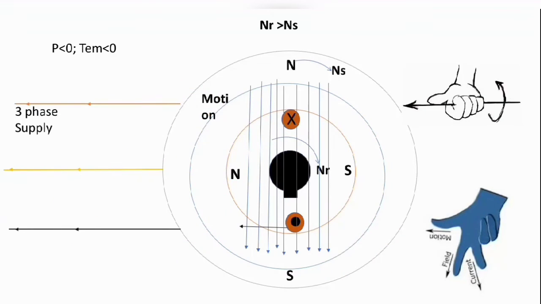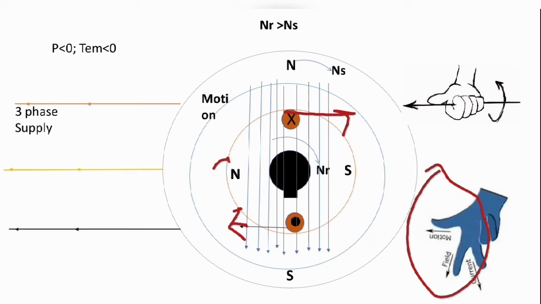Okay, in that case what happened, this is the fastest train, and this one is the slowest train. When you are on the slowest train, you see the rotor conductor is moving in this direction. If we apply Fleming's right hand rule, you see the pole direction is changing.